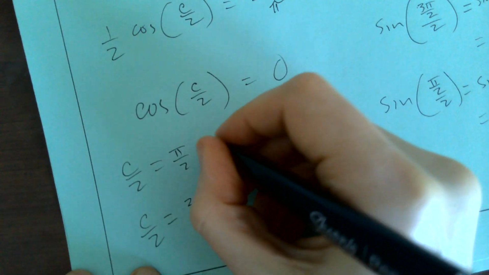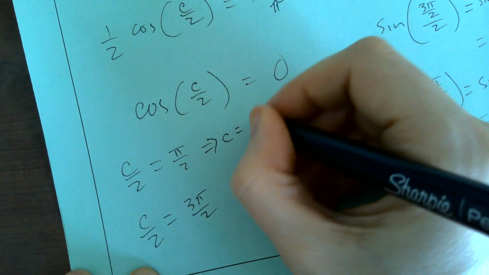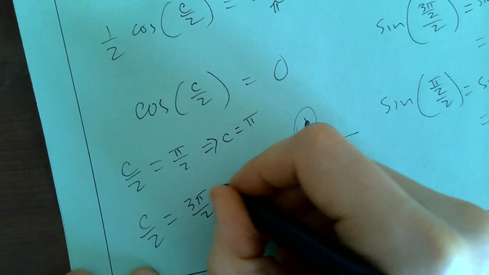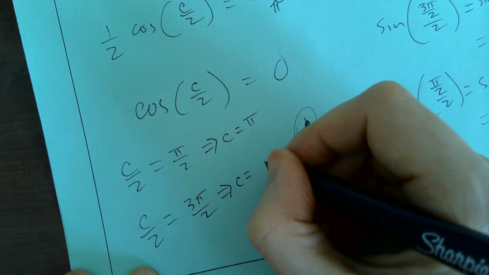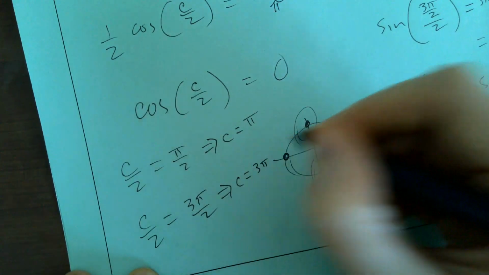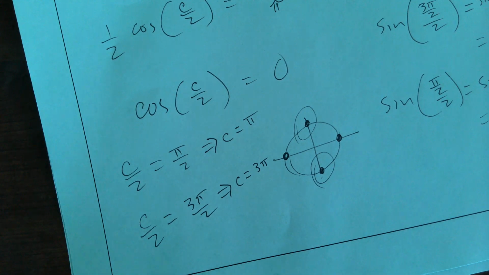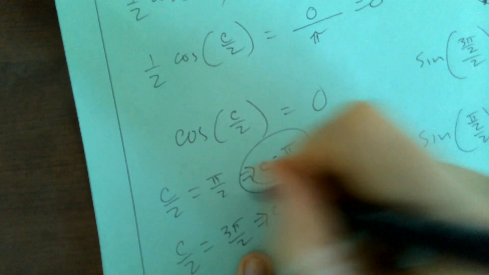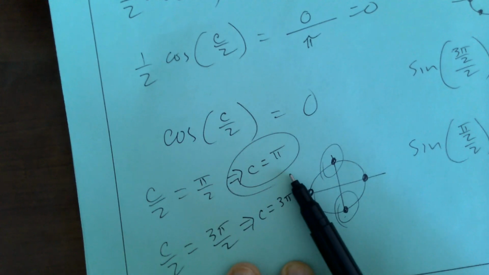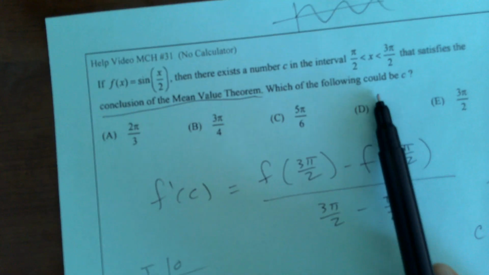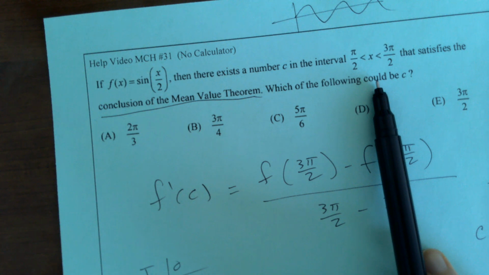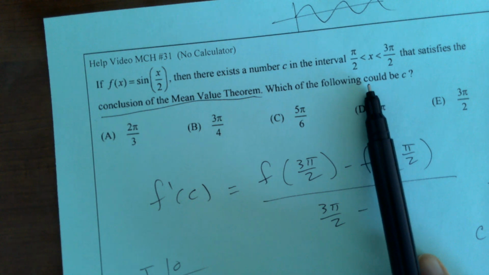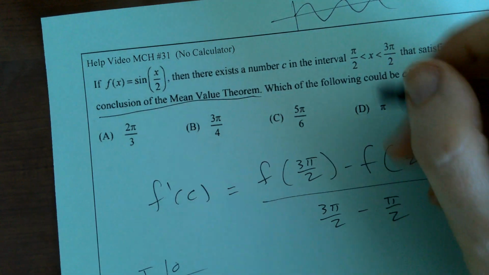So in this case, c is pi, and in this case, c is 3 pi. Pi over 2 and 3 pi over 2. So guys, it is this one that is within this interval. Okay, so the answer is pi.